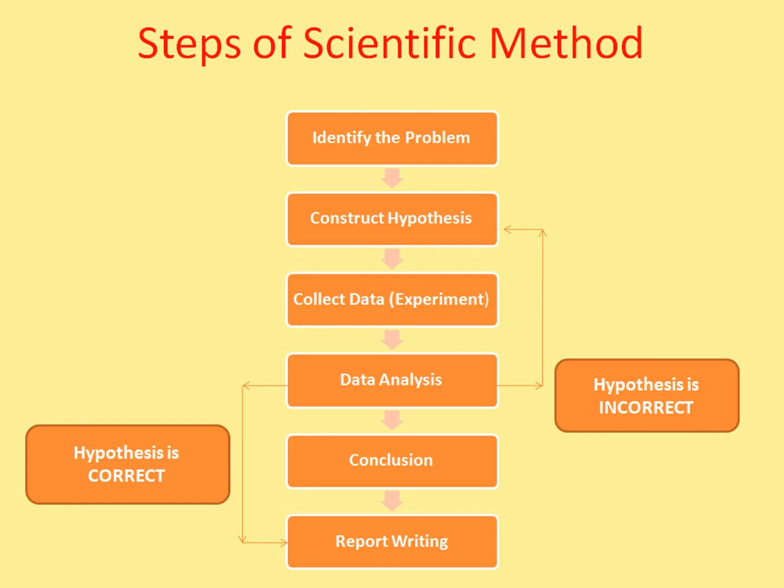Now, steps of scientific method. By collecting information, observation and asking questions, the problem is identified. After that, hypothesis will be constructed. Hypothesis means a tentative assumption about the problem. Then conduct an experiment or collect data, and then do data analysis.